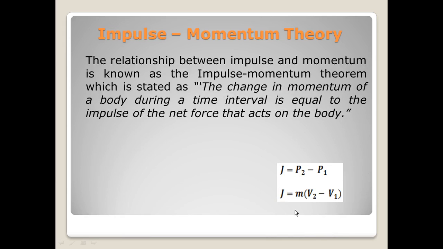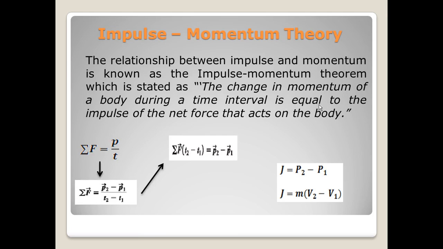So just like what we see here, the relationship between impulse and momentum is known as the impulse-momentum theorem, which states that the change in momentum during a given time interval t is equal to the impulse of the net force that acts on the body. Okay, so just like what we see here as the derivation.